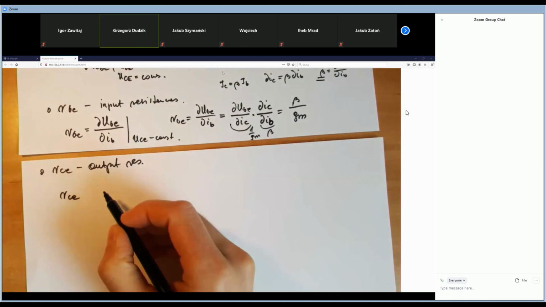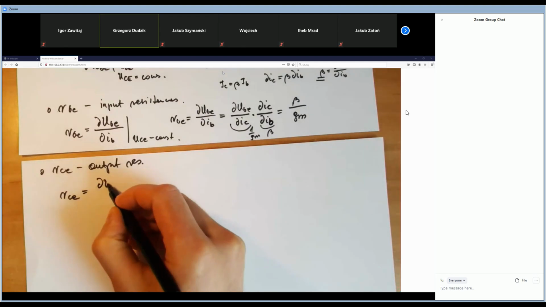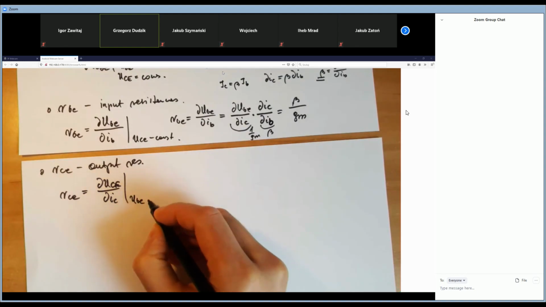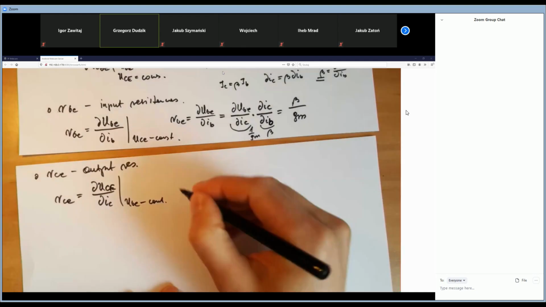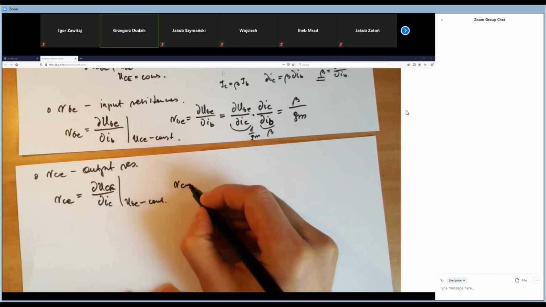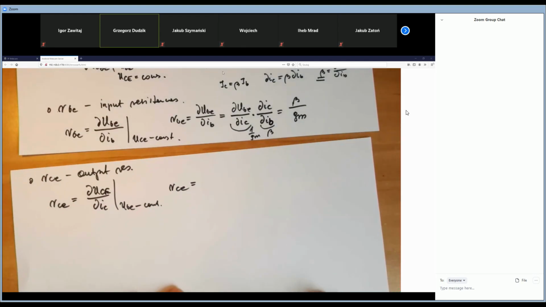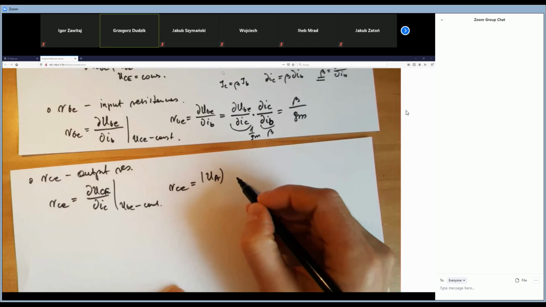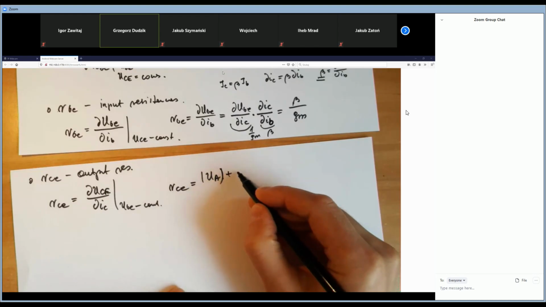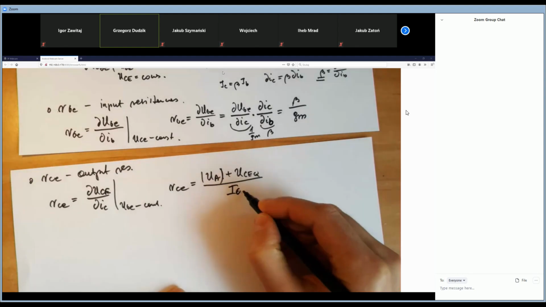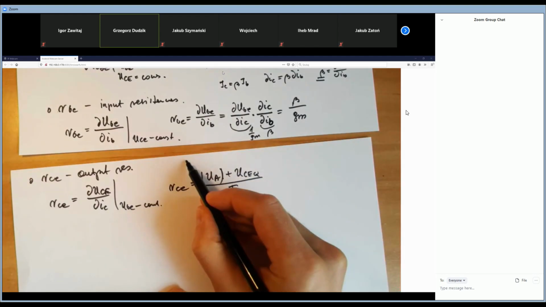RCE from the definition is the change of UCE over the change of current IC for constant UBE. However, you can calculate the RCE from that formula: the Early voltage plus UCEQ over the ICQ value. This is the Early voltage.